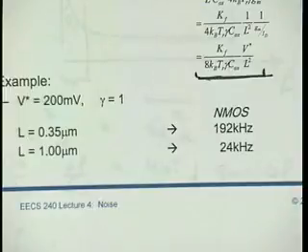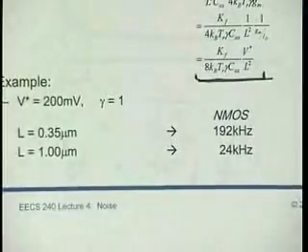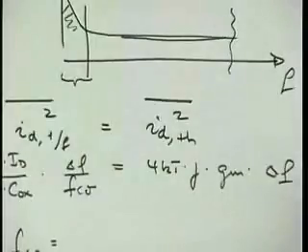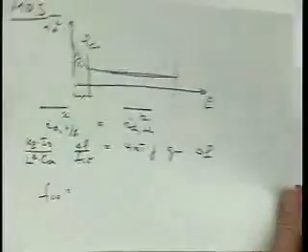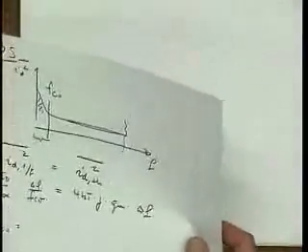There are more complicated flicker noise models available than the one we are using here, but as I already said, most of the time we don't have the one single parameter that we need for our simple model, so how are you going to get the much larger number of parameters for the more complicated model? So flicker noise is often somewhat of a pain, and one way to deal with it, like in 240, is that most of the time we just say, well, in that case it doesn't matter.